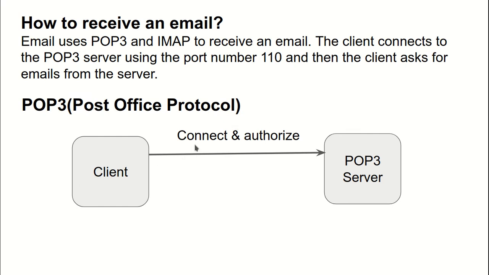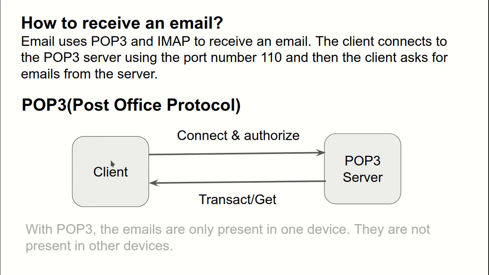After that, the POP3 server will give the email data to the client, and the client will receive the data. With POP3, you need to remember that the emails are only present on one device. They are not present on other devices.